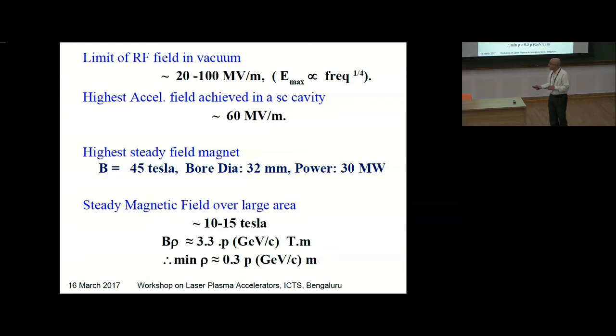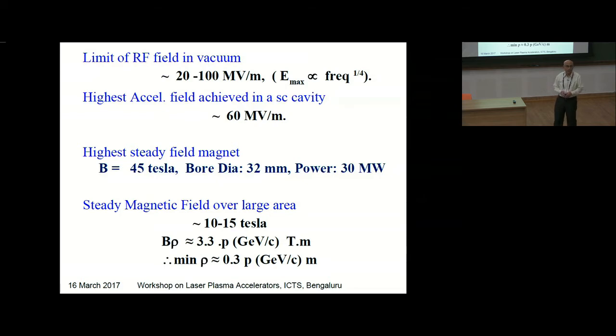So if you put in 10 to the 15, 10 Tesla here, you see the minimum rho is 0.3 for so many meters. So if you have, say, a 100 TeV particle, which is something like 10 to the 4, you see it's already something like 3,000 meters, almost 3 kilometers.